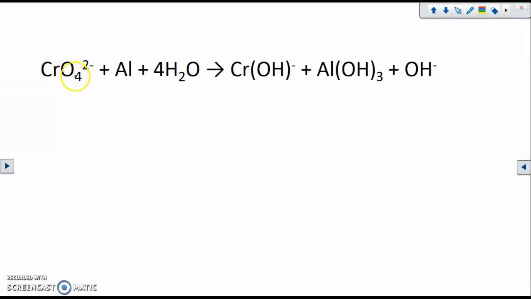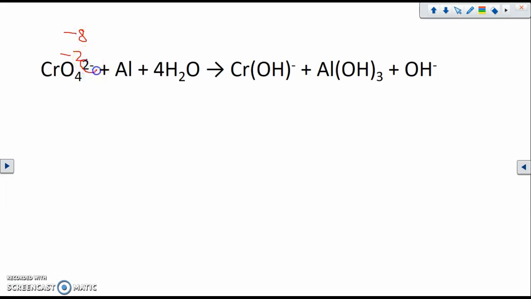One of the rules says that the oxidation state of oxygen when it's combined with anything else is actually -2. So I probably should use red, that way it looks better. -2, right? So there are 4 oxygens. 4 times -2, the total negative charge for this thing, with oxygen, is -8.